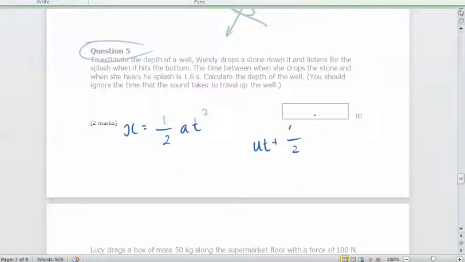It's been dropped. Considering that it's dropped, the initial speed is 0, that means that this section here is obviously 0. So that means that x is a half at squared, and a being 9.8.